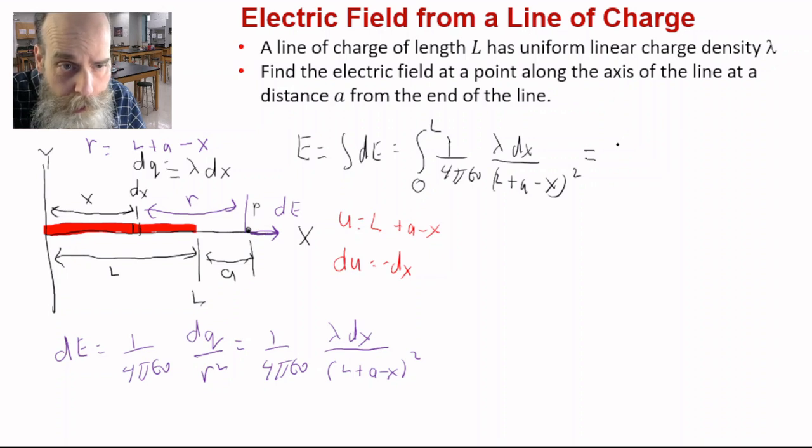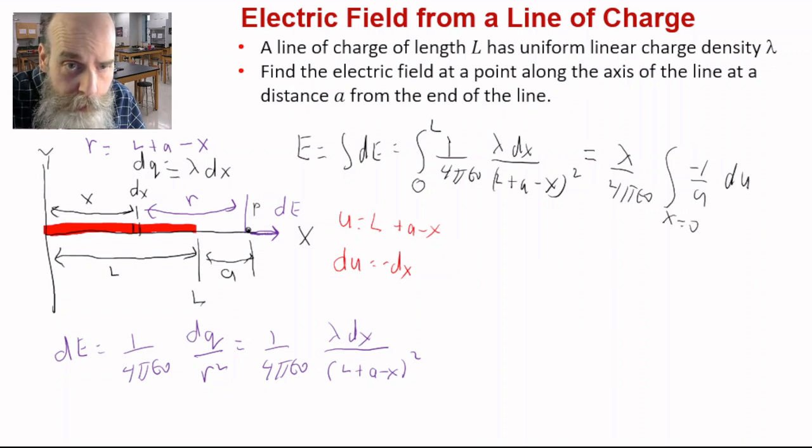First of all, we have the constants. Lambda over 4 pi epsilon 0 integral of negative 1 over u squared du, where x equals 0 to x equals L. The integral of negative 1 over u squared du is just 1 over u.